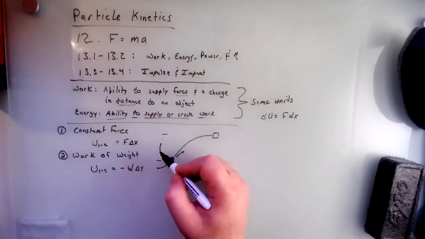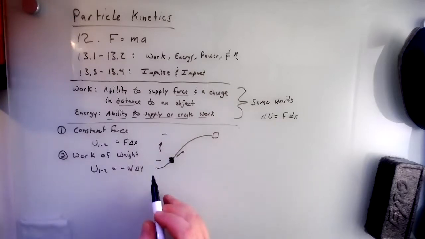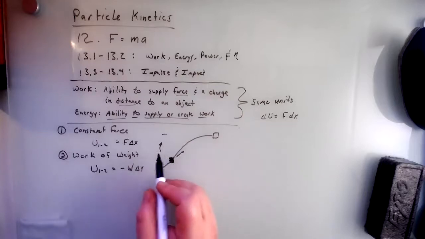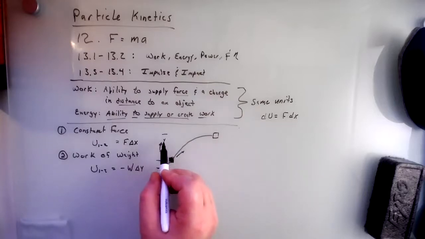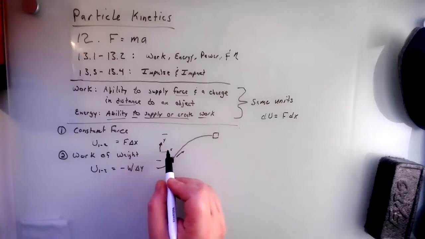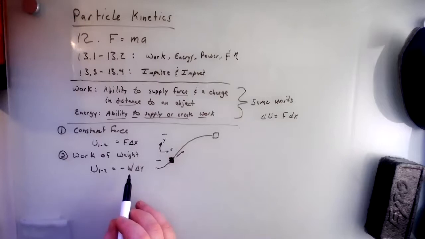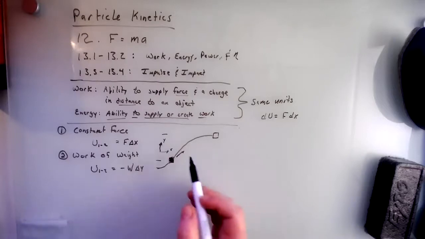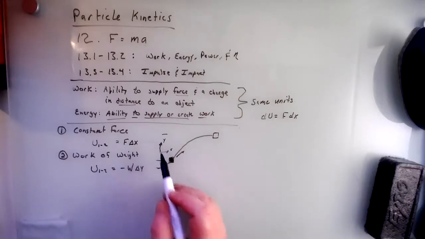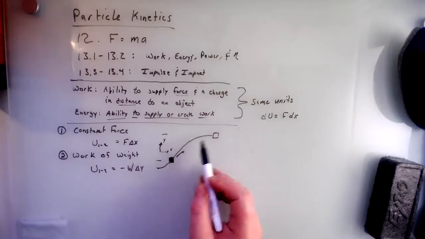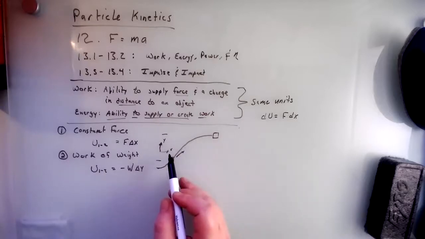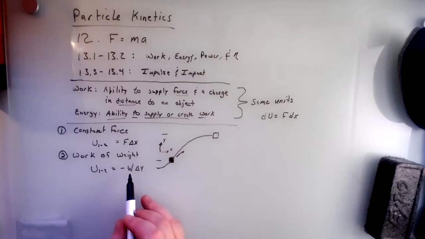So it's going up. And if we're calling this Y and this X, then the work done by the weight, in this case, is only the change in Y. It does not include the change in X. So it is directionally specific.